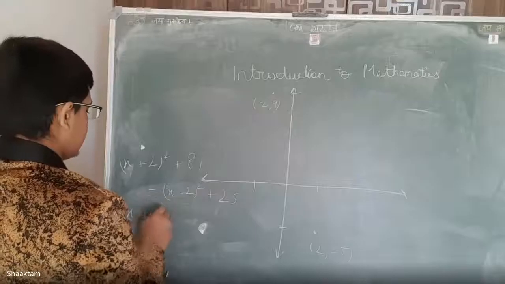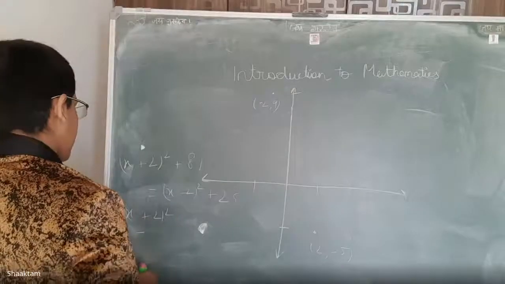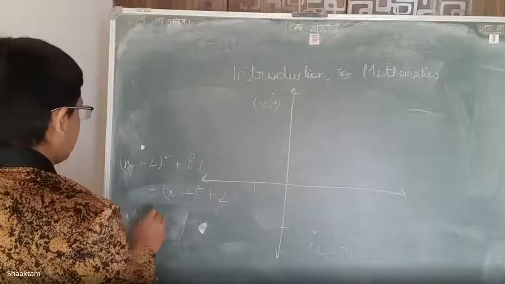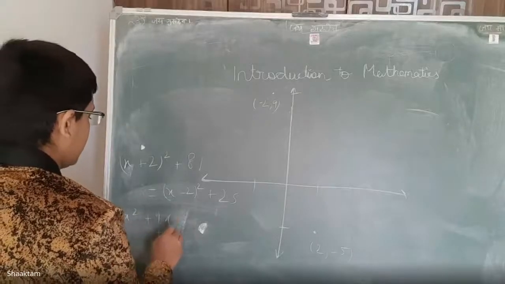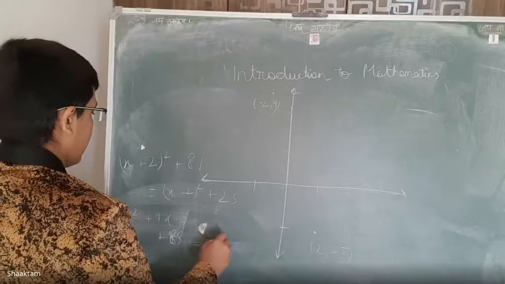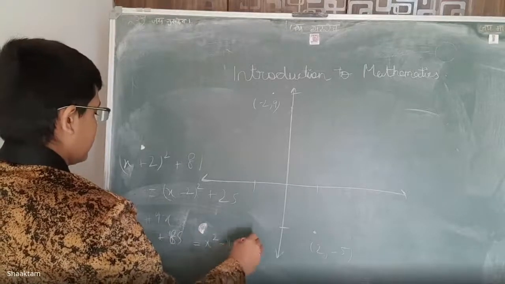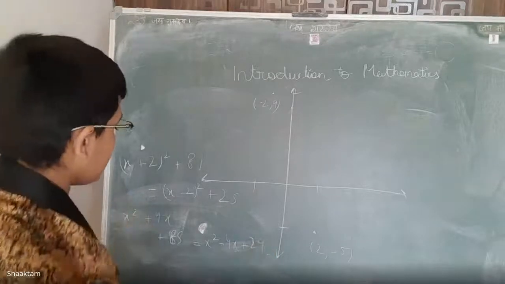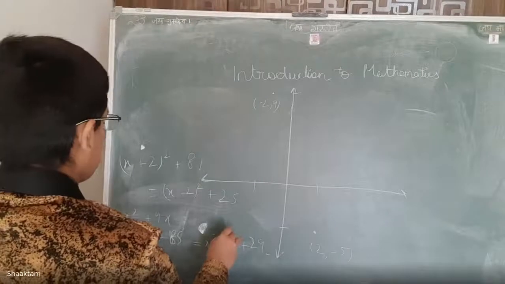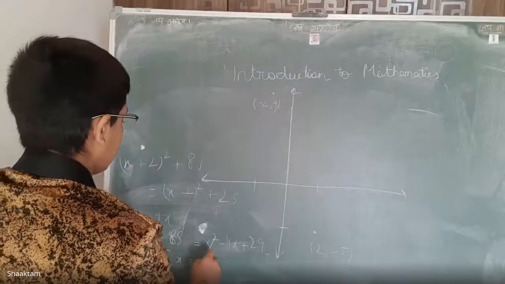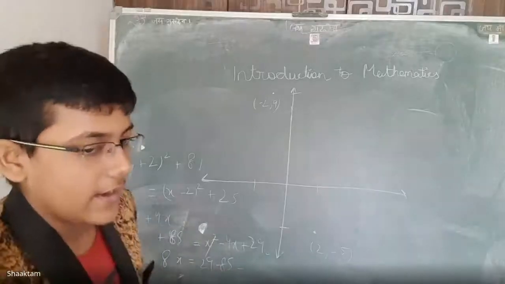From here you can do it, right? So x square plus 4x plus 4 plus 81 is equal to x square minus 4x plus 4 plus 25. Then remove x square and then say 8x is equal to 29 minus 85. This way, right? Then x is minus 8, right?